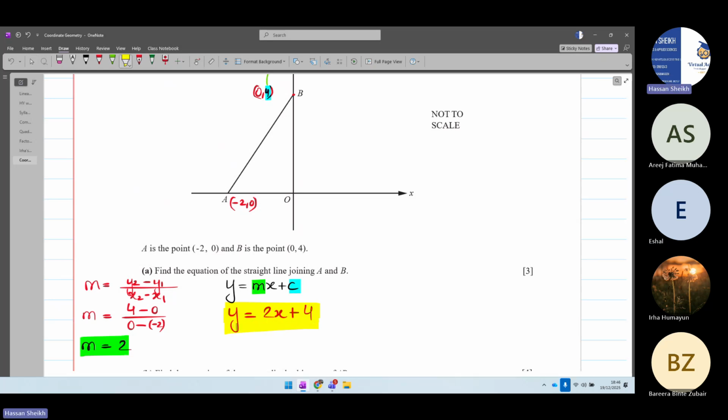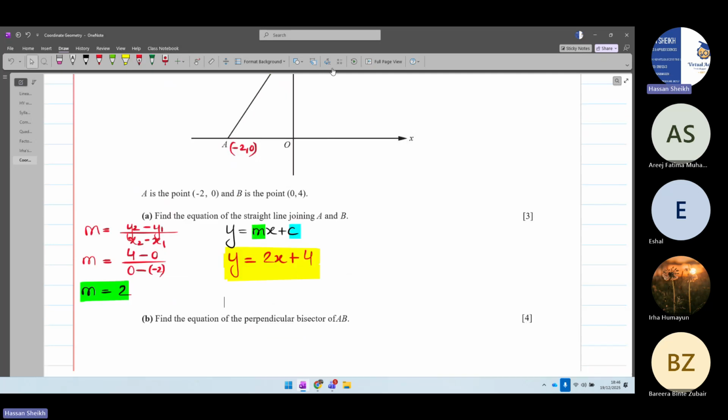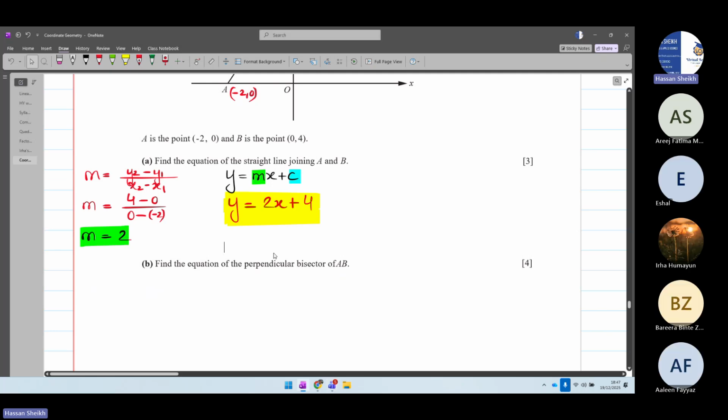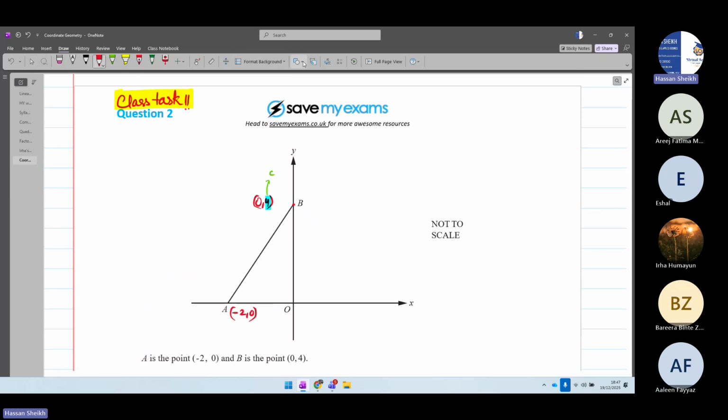Now in part B, what they say is, find the equation of the perpendicular bisector of AB. First of all, let me draw the perpendicular bisector of AB just for your information.